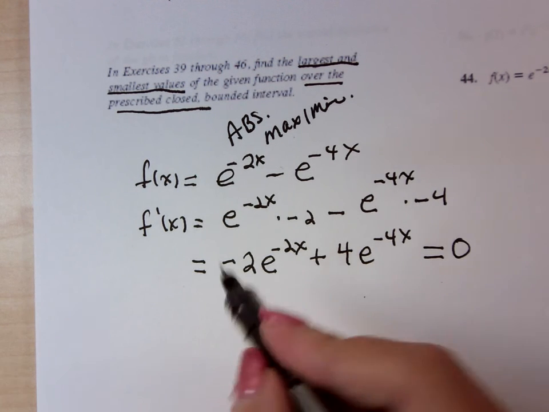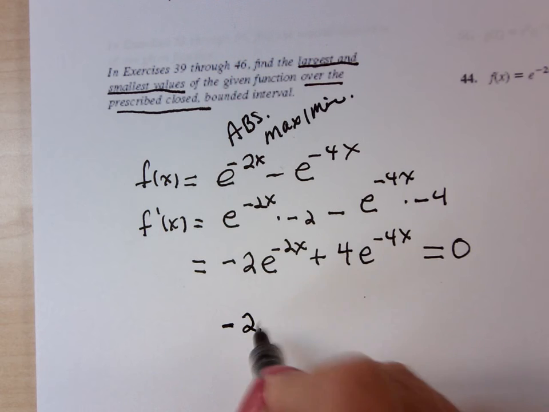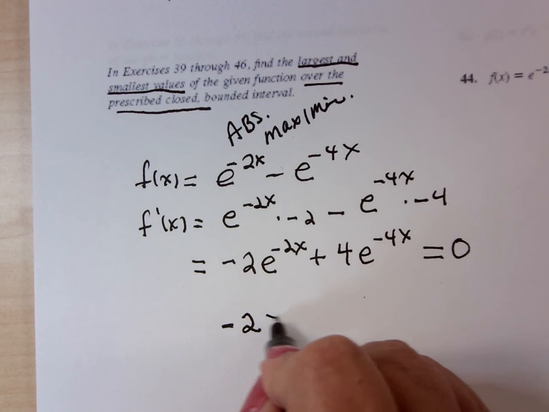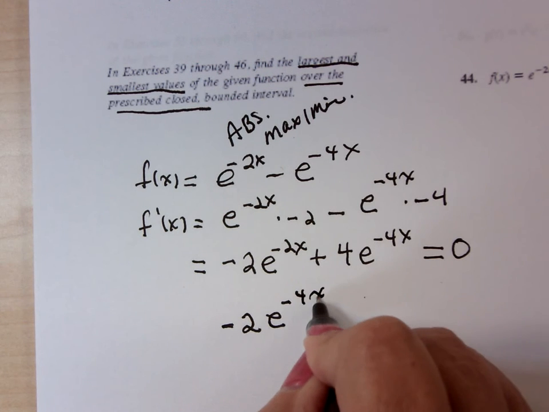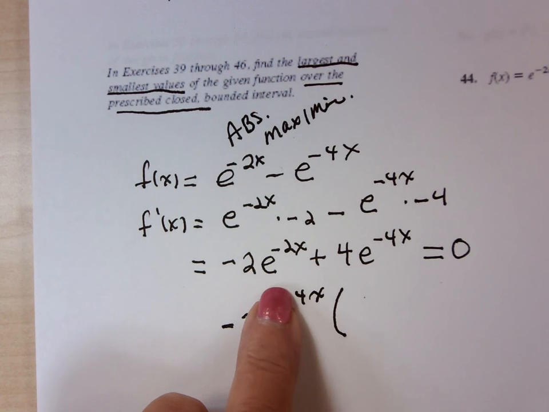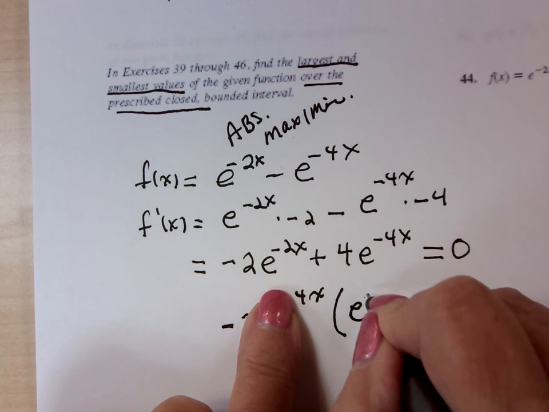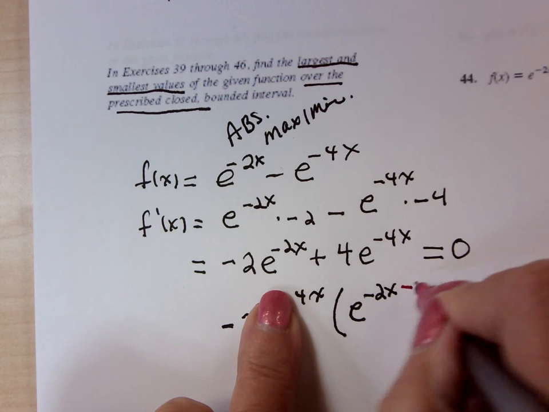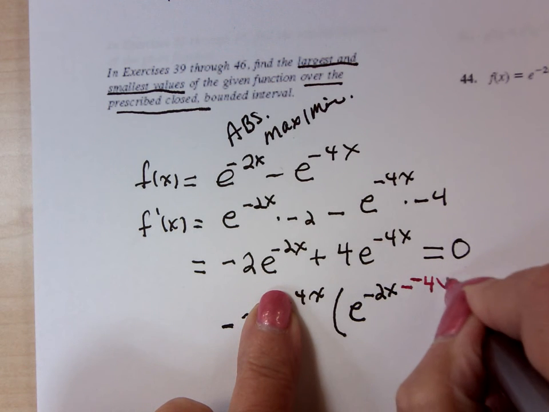I've got a greatest common factor of negative 2. And what else do I have a greatest common factor of? E to the negative. What's the smallest power? Negative 4x. I'm taking the negative 2. From the e to the negative 2x, I am removing a negative 4x.